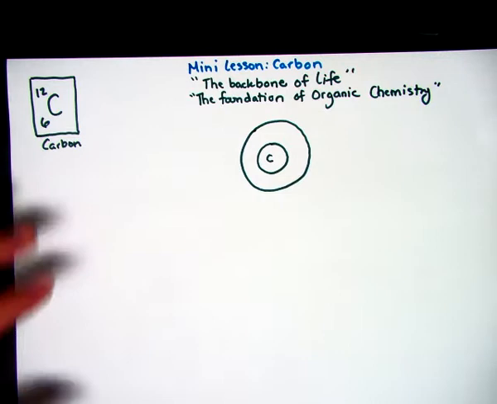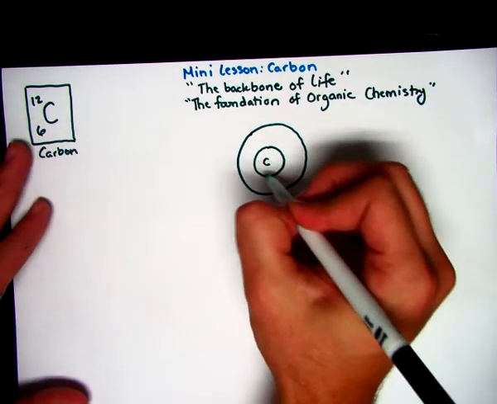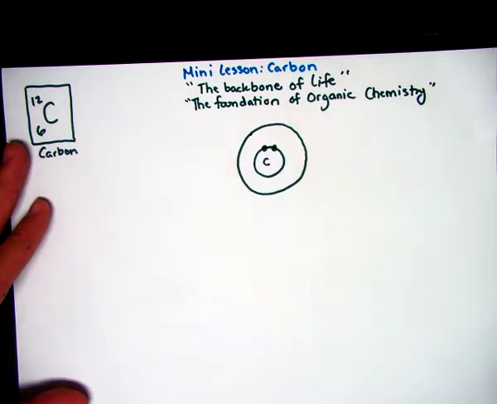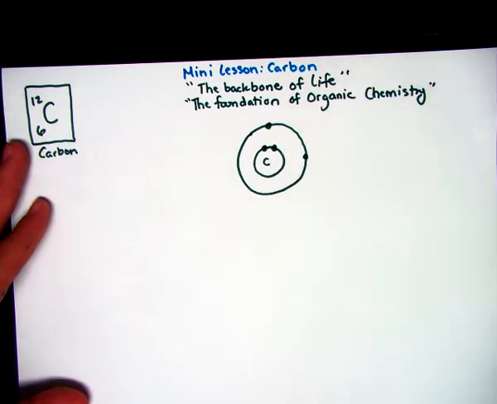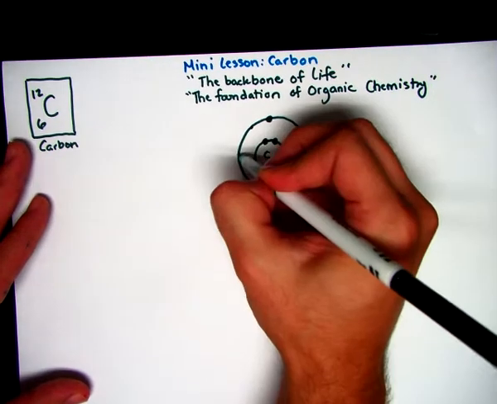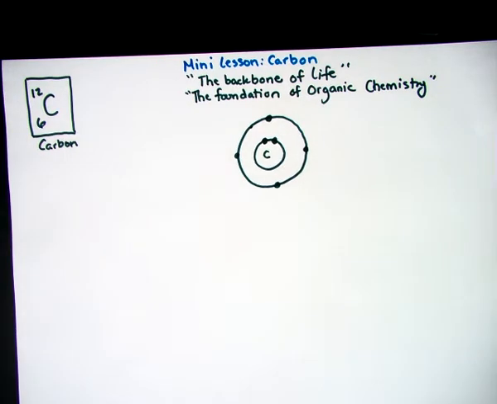So if I'm filling out my electron diagram, remember this first shell can only hold 2 electrons, so we've got 1, 2, which means we have a total of how many valence electrons, Angel, in the outermost shell? 4, right? We have 4.